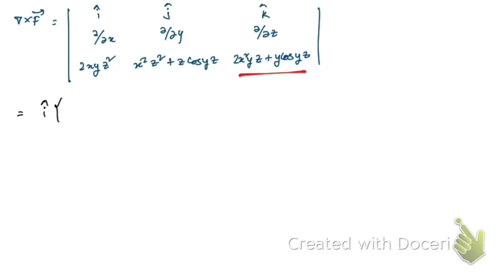That means we need to differentiate this with respect to y partially, then minus differentiate this term with respect to z partially. If we do so, from the first term, differentiating with respect to y, we're going to have 2x²z.